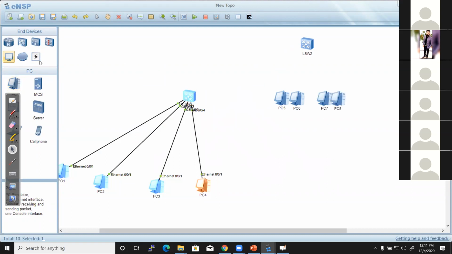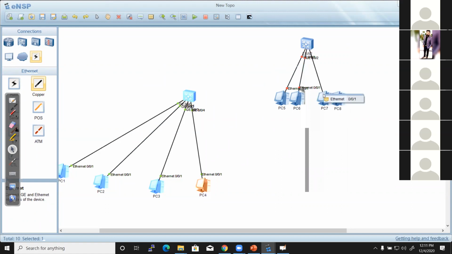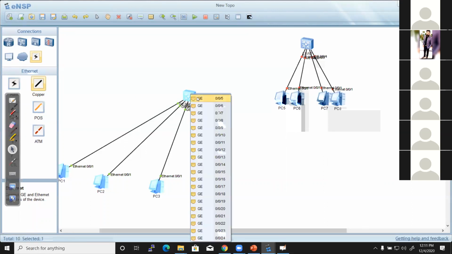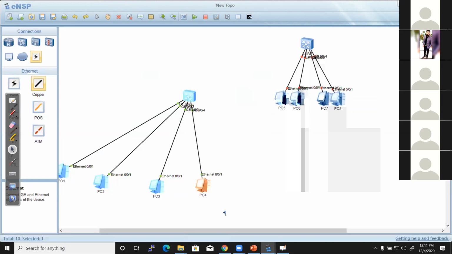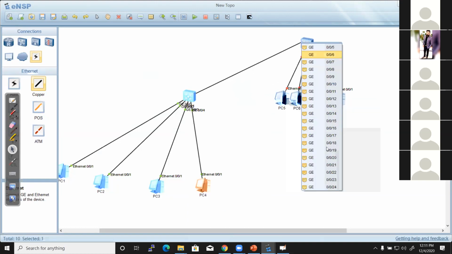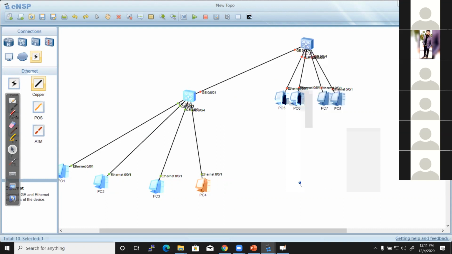Obviously we need to connect them with a switch. Now we also need to configure. I'm going to take the last port of this switch and the last port of the opposite switch. And let me start these devices as well.